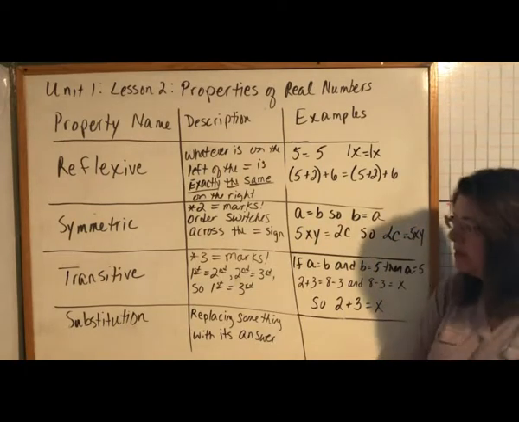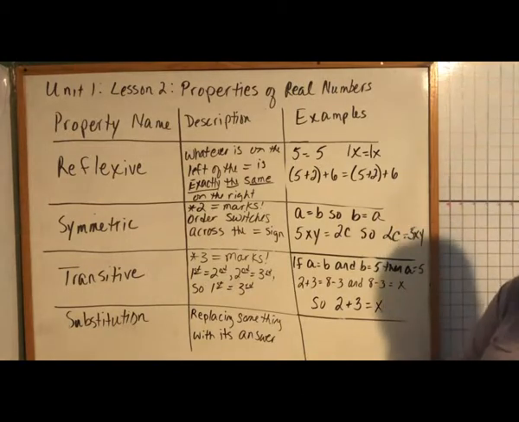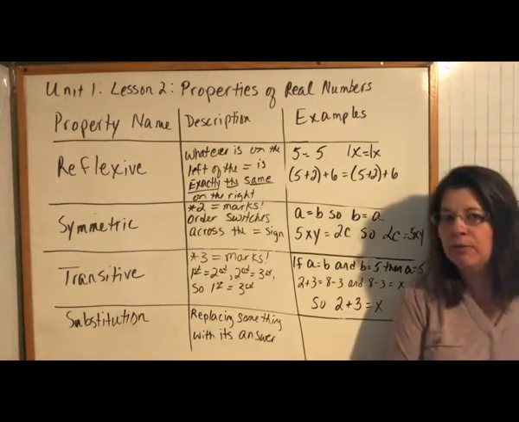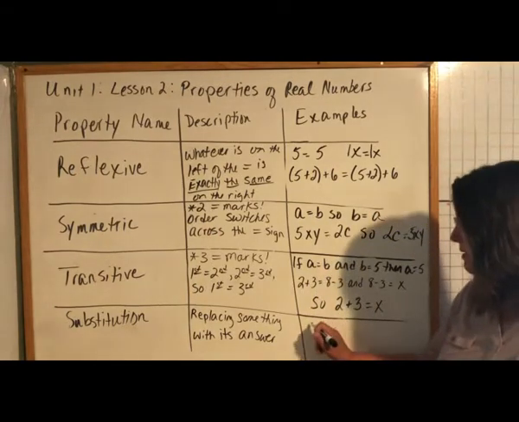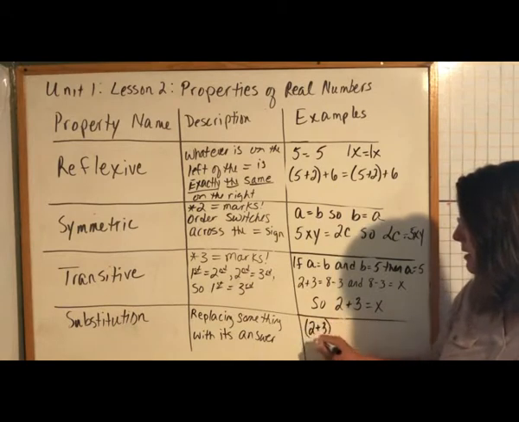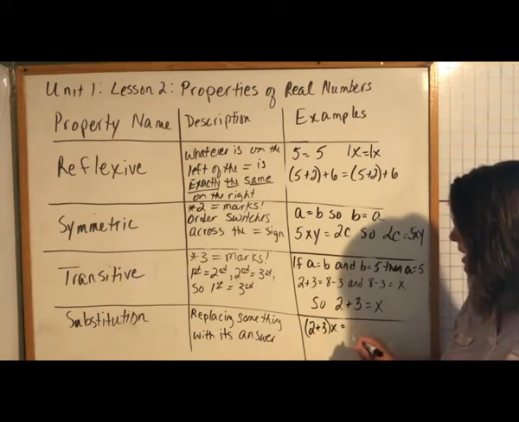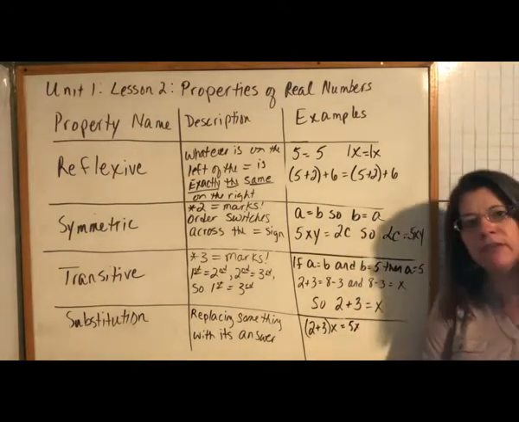And then the last one is substitution. And basically in substitution, you are replacing something within the problem with its answer. So I might have something like this. 2 plus 3 times x equals 5x. I have replaced 2 plus 3 with its answer 5.